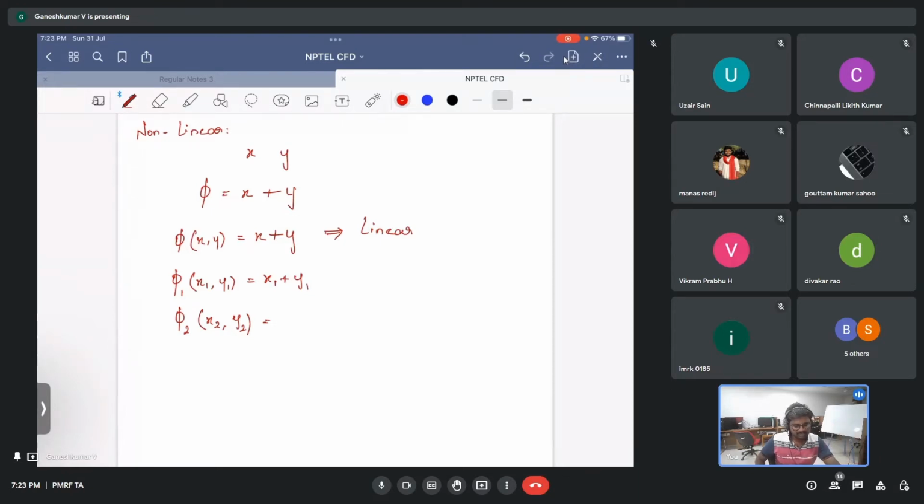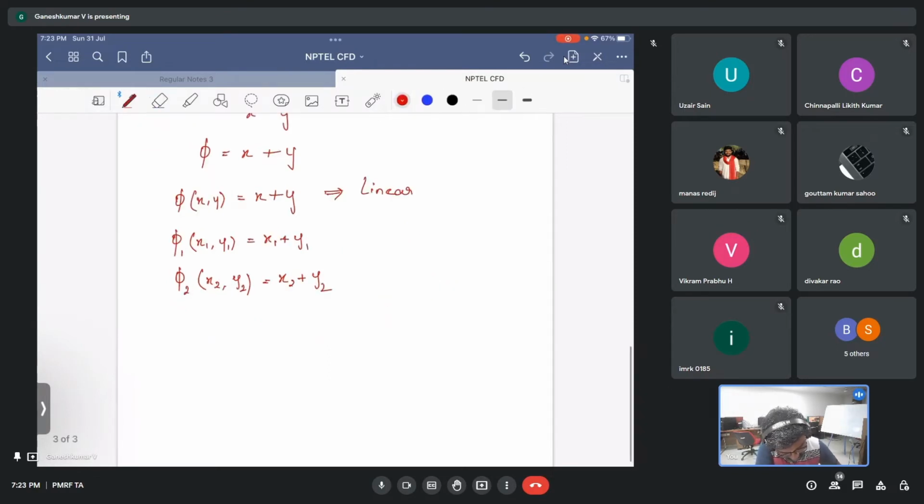And that function is defined as x plus y. So for one point it's x1, y1 with phi 1, and for the second point it's x2, y2. So when I say linear, I can write phi 1 plus phi 2. Let me go back one second.